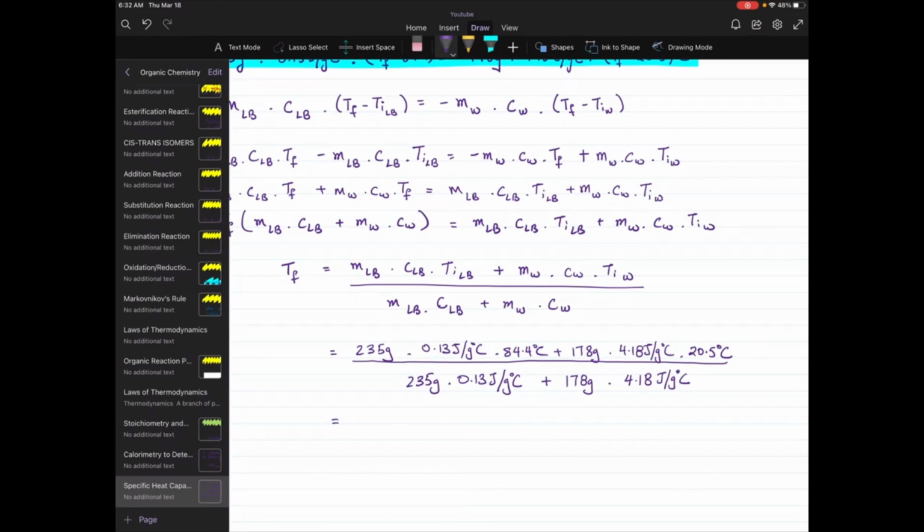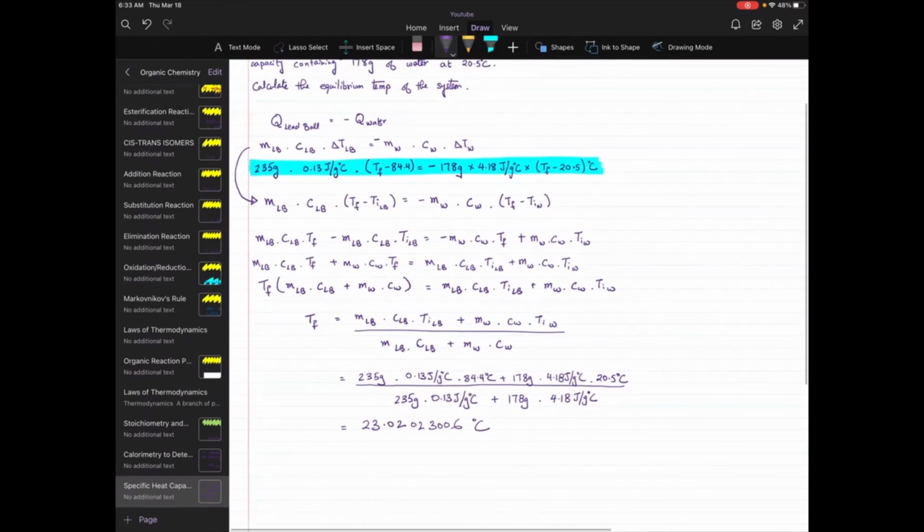So I'm just putting all of that information into the calculator at the same time, and I get an answer of 23.3006 degrees Celsius as the final temperature of both the solutions, or of the ball and the water. Okay, so that's the final temperature I'm getting.